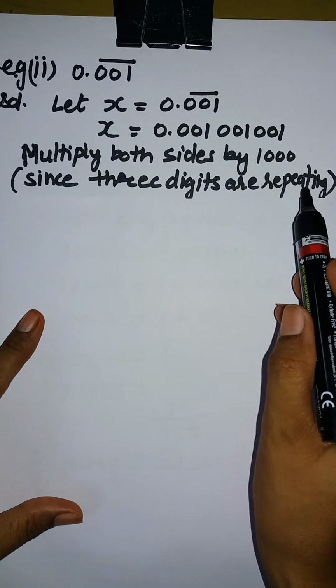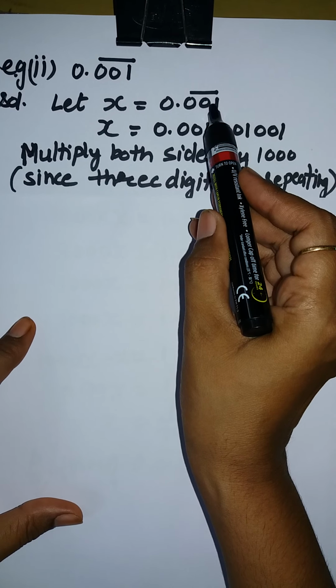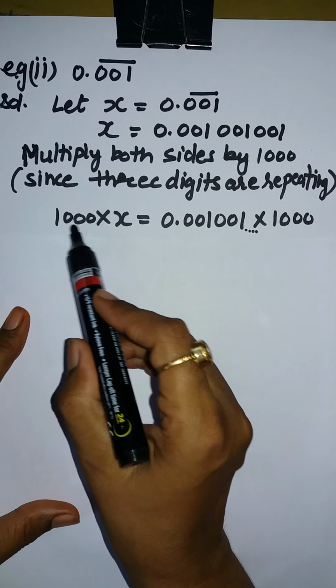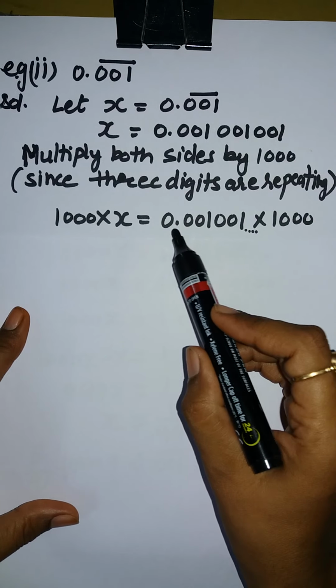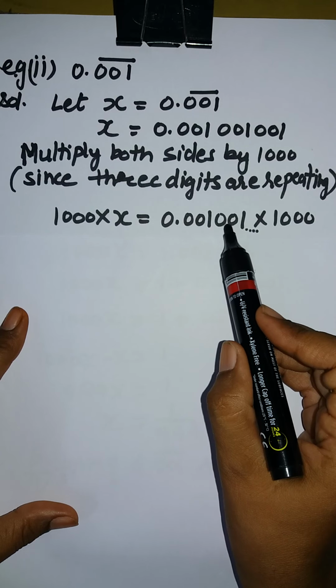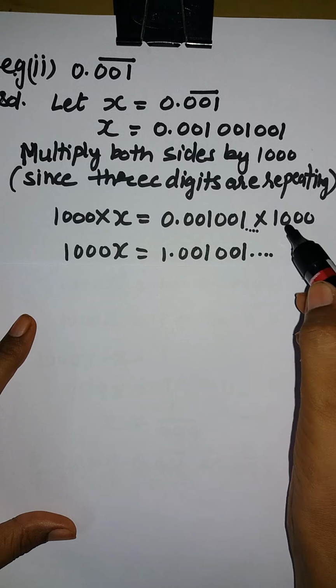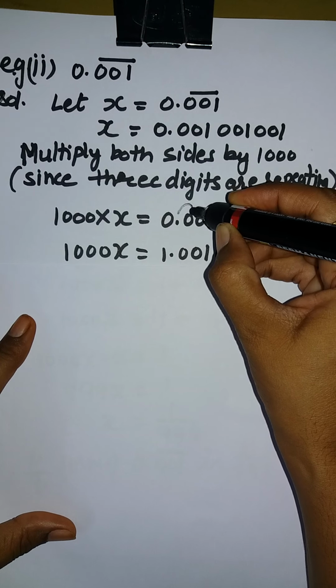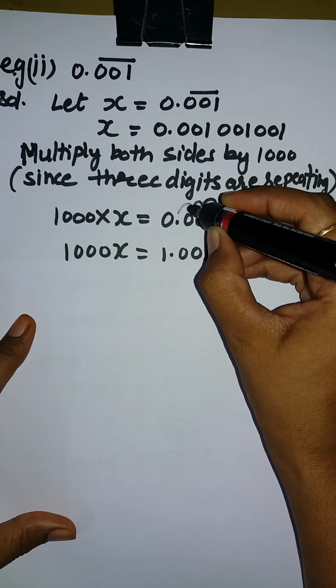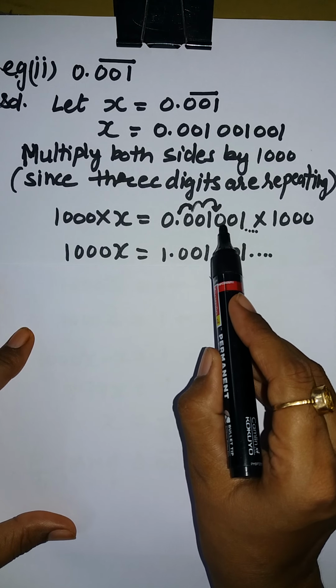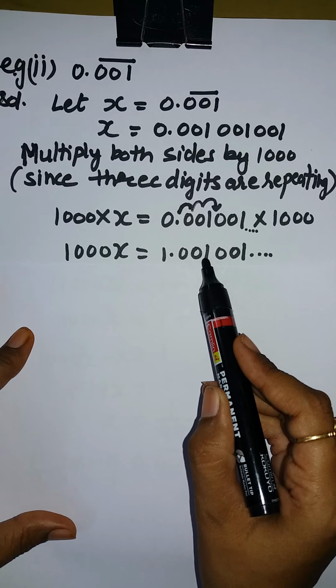Since 3 digits are repeating, 0, 0 and 1. So 1000 multiplied by x, and 0.001001 multiplied by 1000. We know how to multiply them. The decimal will be shifted 3 steps to the right and we get 1.001 here.